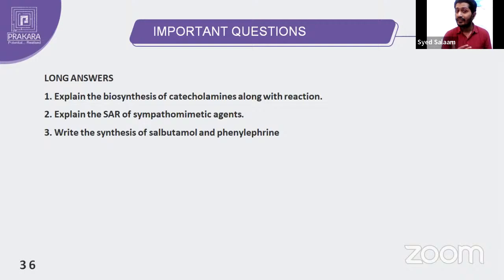Before that, we discussed biosynthesis of catecholamines and catabolism of catecholamines. These are the 3 concepts. And the 4th was the synthesis of important drugs, 2 important drugs of the second unit, that is salbutamol synthesis as well as phenylephrine synthesis.